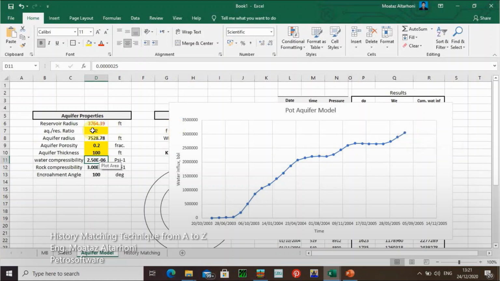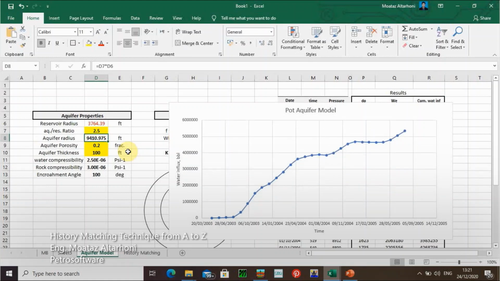So what if I increase the ratio to 2.5? Let's see. I hope for more.